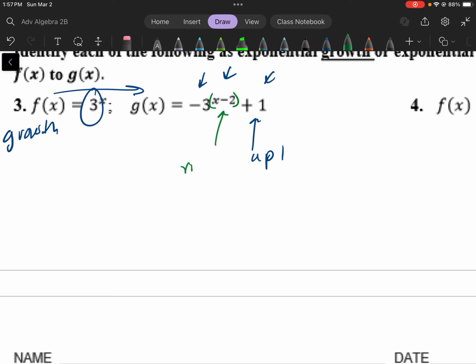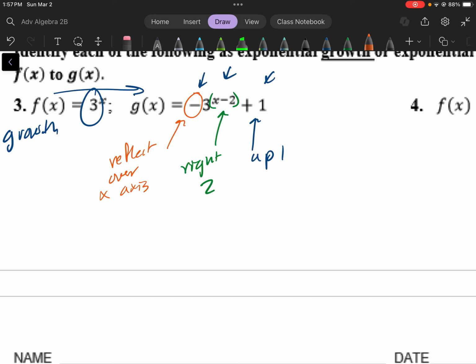So that is going to make the graph move right 2. Okay, and then our a value for this one is actually just 1, but with that negative out in front, it is going to cause us to reflect over the x-axis, which is what it did before.